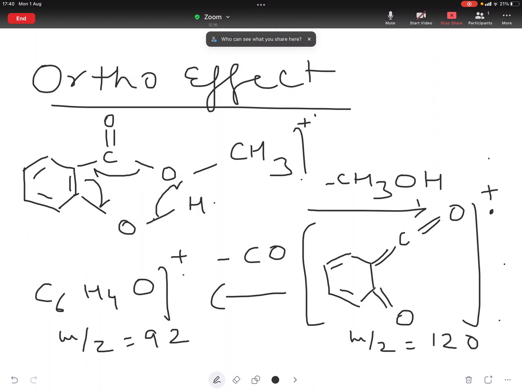This is the six-membered transition state, and it forms a species whose molecular weight is 120. This type of transition state, this is the transition state, is characteristic of benzoic acid and benzoate ester that has an ortho substituent bearing an alpha hydrogen and is called ortho effect.